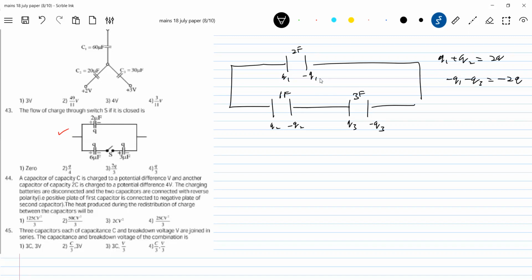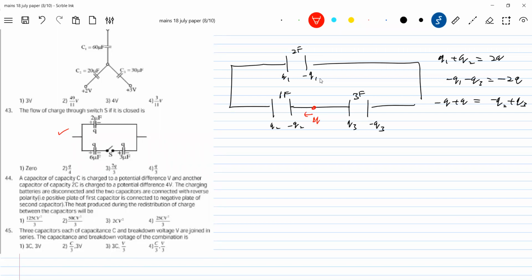Then charge of inner plate, that one. Minus Q plus Q should be equal to minus Q2 plus Q3. Then write one loop equation, solve it. And after getting charge, take any one plate because it's asking at the switch, no? So you look at this particular point P. You assume some charge delta Q entered.